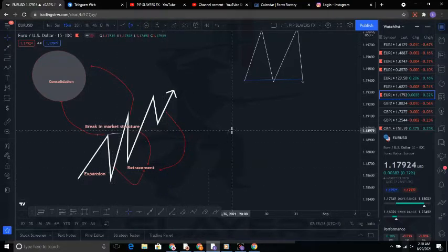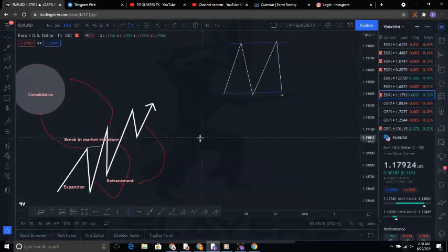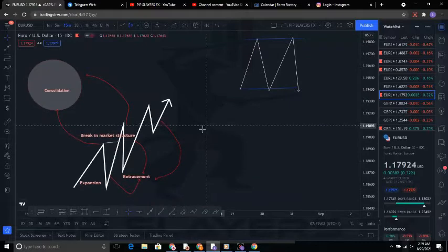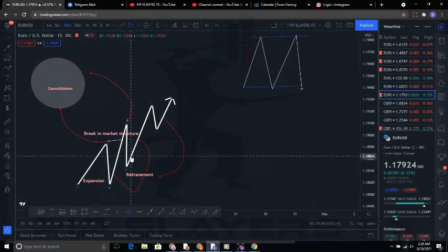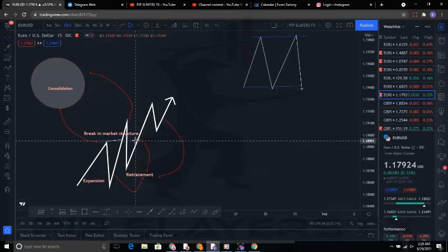I could explain what those terms mean, but to make this video short, you have to pull through all that. So a retracement and then another impulse which breaks the market structure.